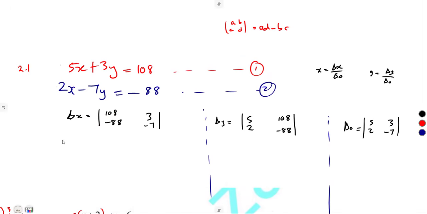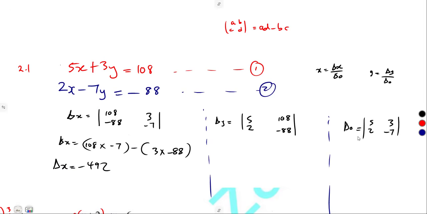So that's simply here, delta x, 108 times negative 7. Then you subtract 3 times negative 88. So that's it, guys. Use your calculator properly to determine these determinants. That was going to be negative 492.